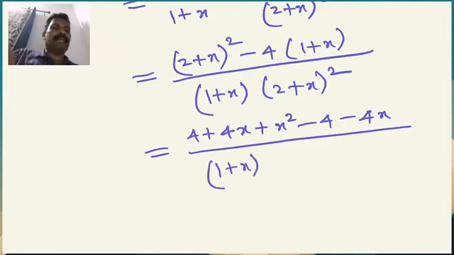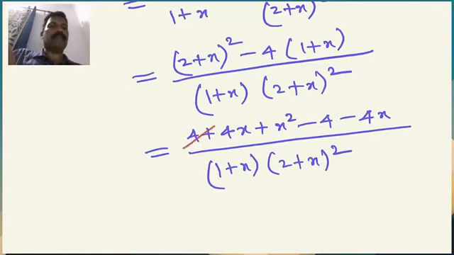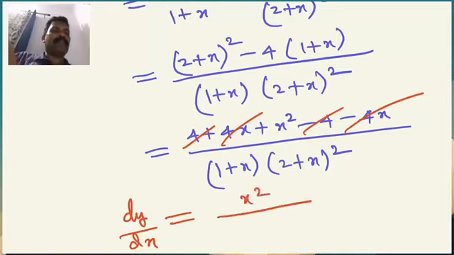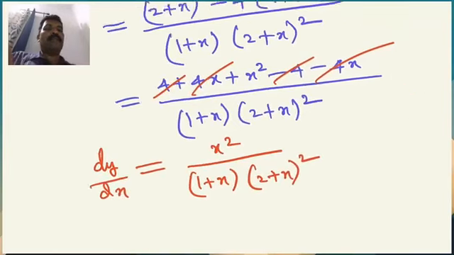Whole divided by (1 plus x) into (2 plus x) the whole square. So here you can see that the 4 minus 4 and 4x minus 4x get cancelled, and we have dy by dx equal to x square divided by (1 plus x) into (2 plus x) the whole square.